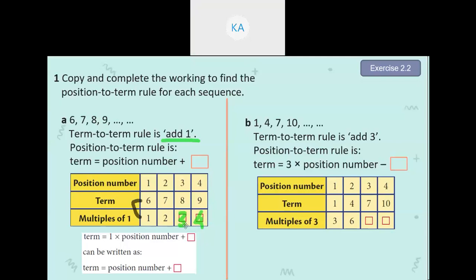Okay, the difference is 5. And then 2 to 7, what is the difference? 5 also. From 3 to 8, the difference is also 5. From 4 to 9, the difference is 5. All of the differences between the multiples and the terms are 5.